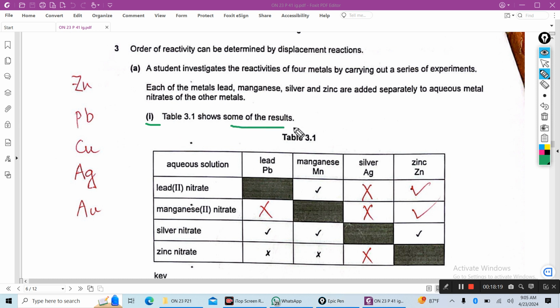Table 1 shows the results. You see aqueous solutions of lead nitrate, manganese nitrate, silver nitrate, zinc nitrate, to which lead, manganese, silver, zinc are added.